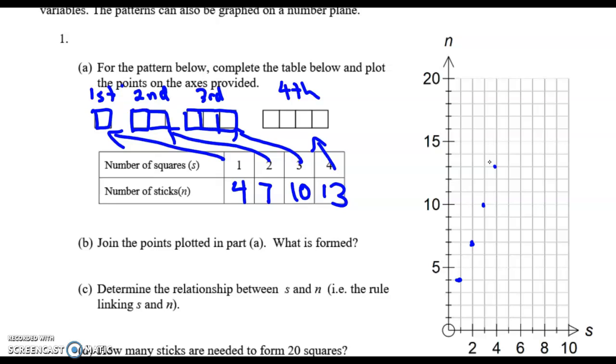If we put a line through those, it's going to form a straight line.